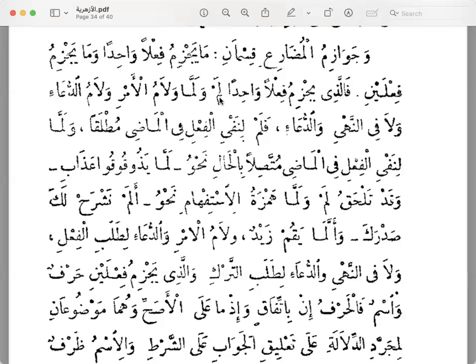The present perfect. So usually lem is the opposite of qad. Usually lem is the opposite of qad. So qad usually translates into the present perfect in English.